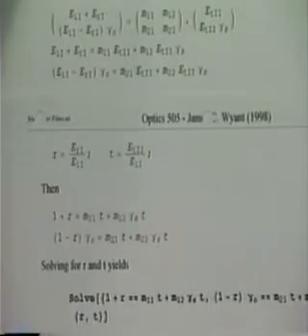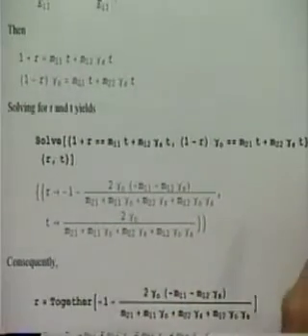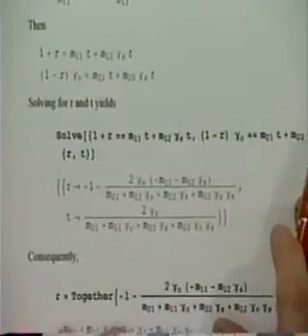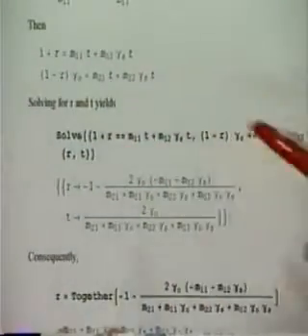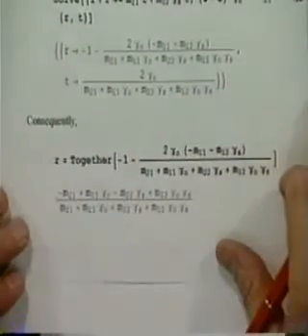And we could then solve this for R and T, and it's pretty straightforward, but being lazy, I did it in Mathematica, but it doesn't take much to do. And we get the result here.